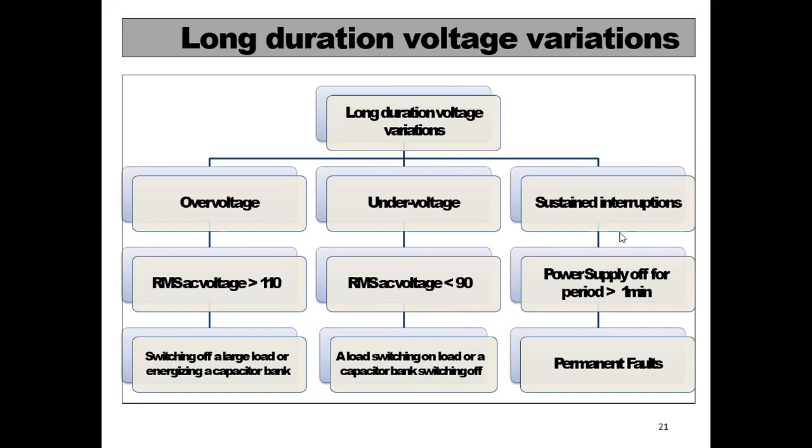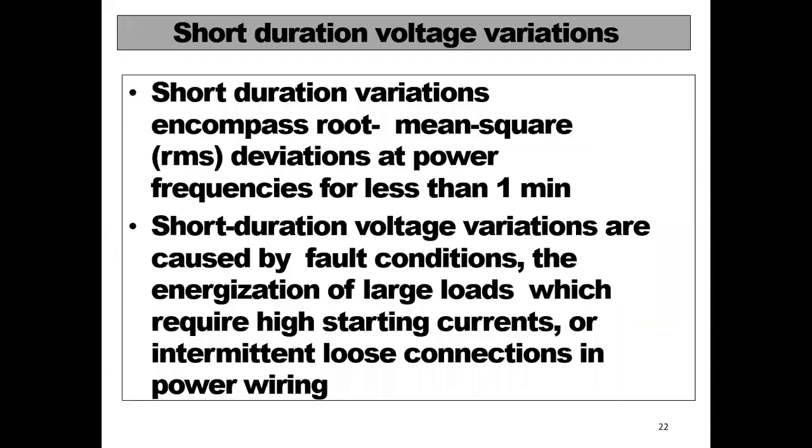Sustained interruption is due to the power supply. This means that the power supply is interrupted for a period greater than 1 minute. It is called a sustained interruption, and this will occur due to a permanent fault.